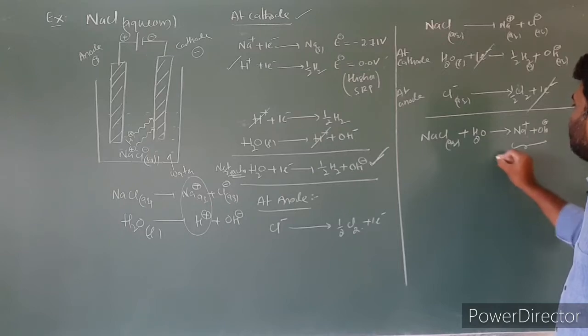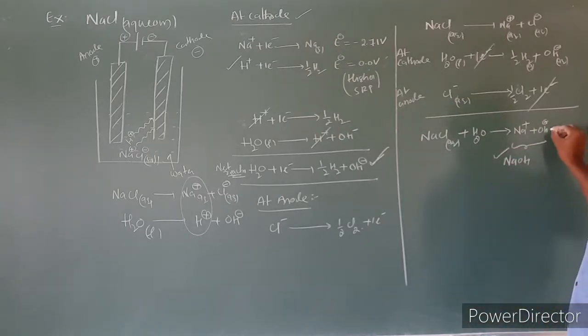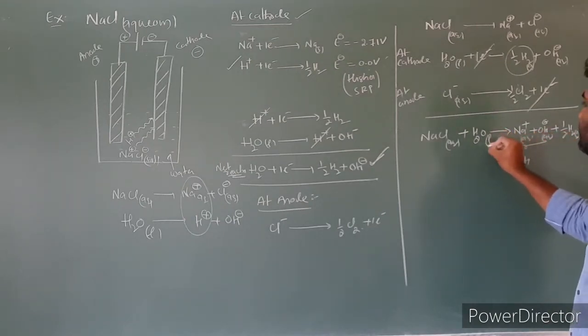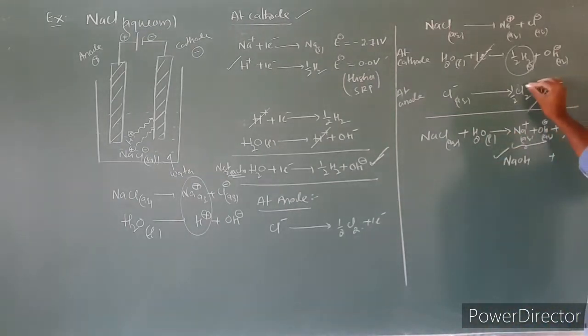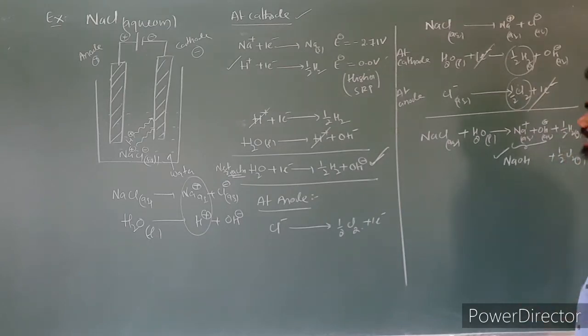So this is one product. One more product we have is half H2, in gaseous state. NaOH is in aqueous medium. Half H2 is another product, plus one more we have is half Cl2 in gaseous state.